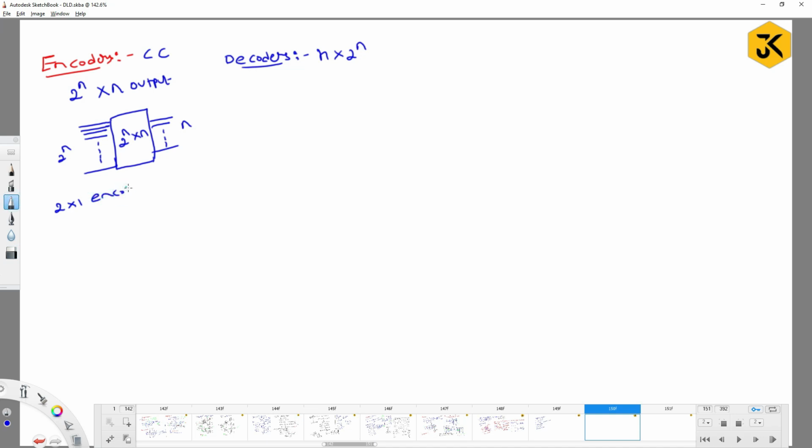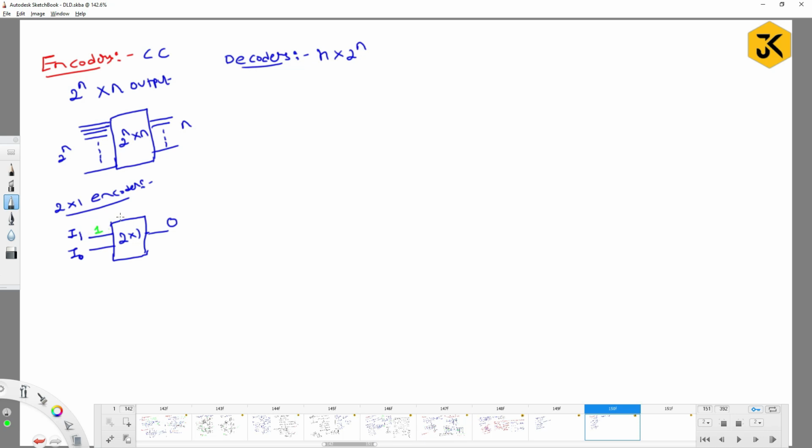A 2 by 1 encoder means it is going to have how many inputs? It is going to have 2 inputs and it is going to produce 1 output. Let me call the inputs I1 and I0 and the output O, right?